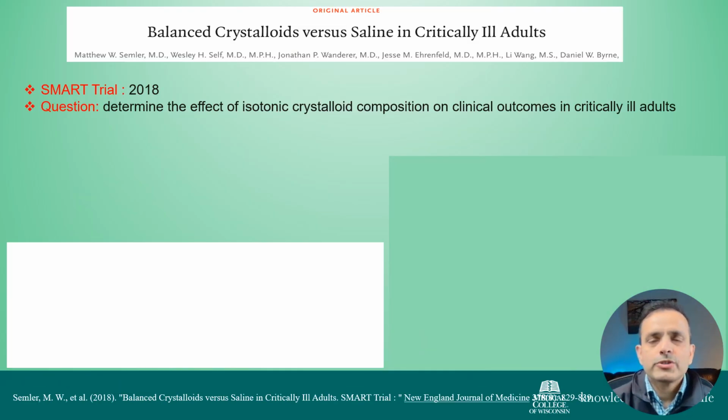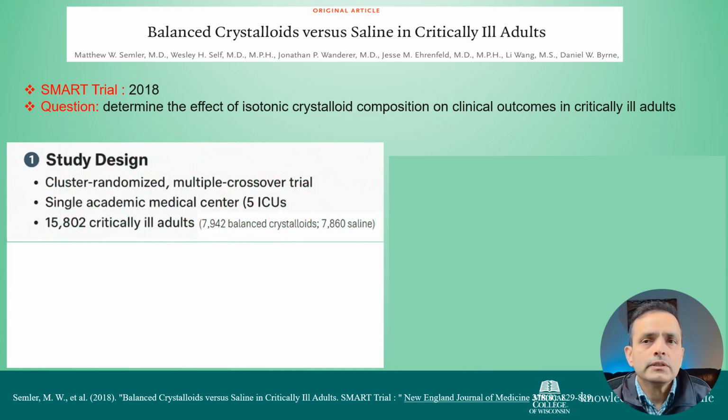All right, let's talk about the SMART trial. This is one of the trials that changed our practice. It was published in NEJM 2018. The name of the trial is SMART trial. It was about balanced crystalloid versus normal saline in critically ill patients. The question was to determine the effect of isotonic crystalloid composition on clinical outcome of critically ill patients. So it's not only septic people.